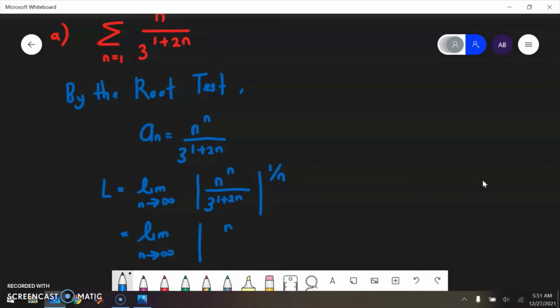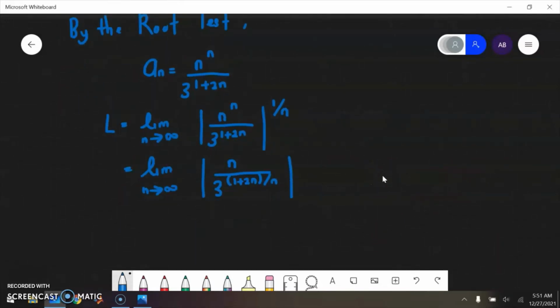So I have n over 3 to the power of (1 plus 2n) over n, or I can write it as the limit as n approaches infinity of n over 3 to the power of 1 over n plus 2. This is 1 over n plus 2n over n, which is 2.